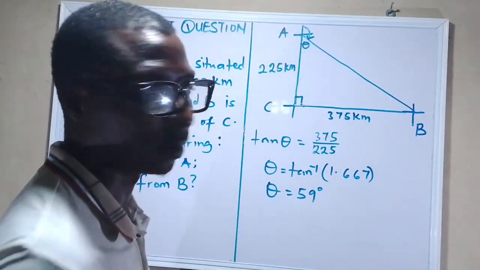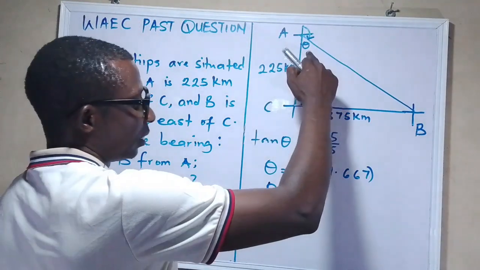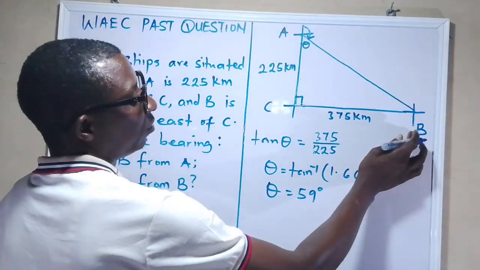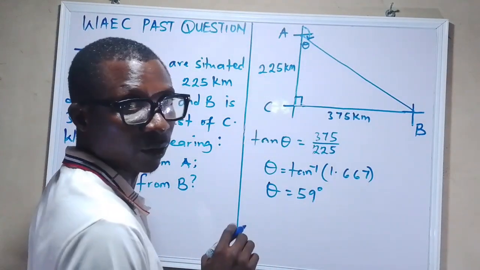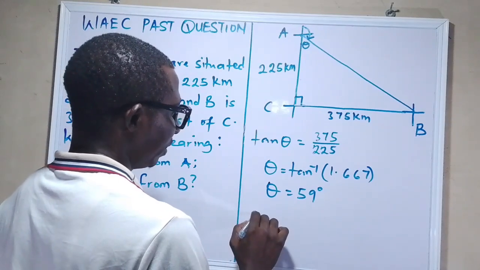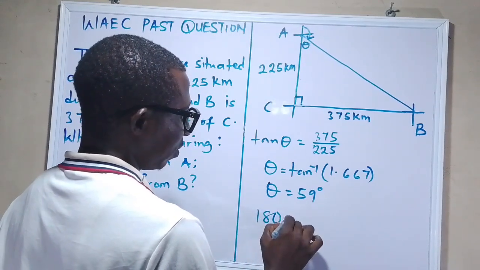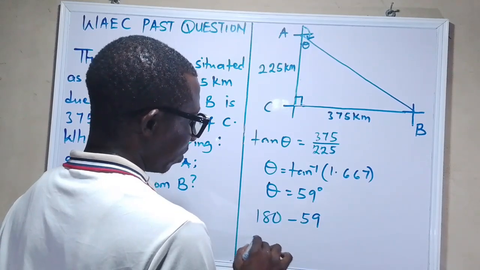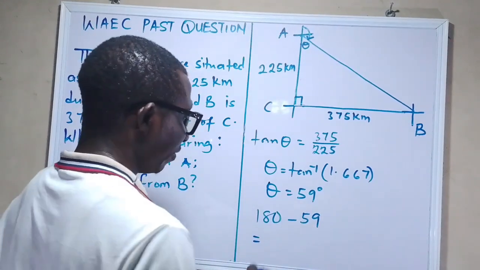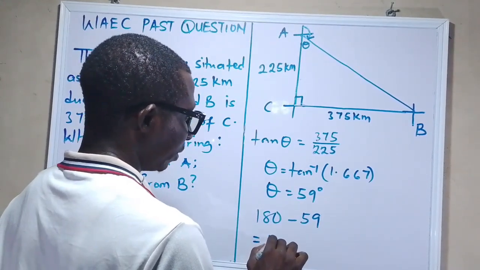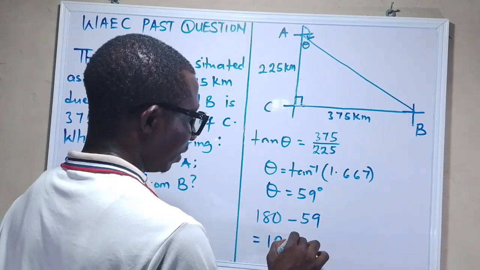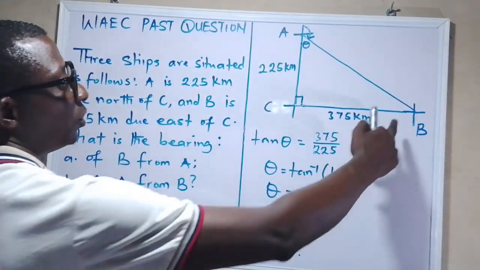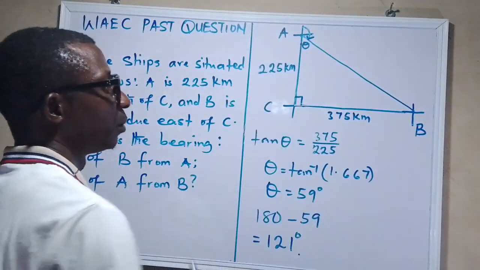So the angle here is 59 degrees. So now the bearing of B from A will be 180 minus 59. When you subtract that, we have 121 degrees. That is going to be the bearing of B from A.